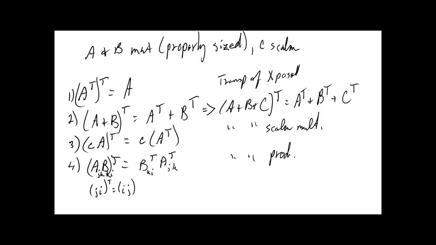If you wanted that A to be a J by K, like you did before, what size would B have to be for you to add it? It has to be the same. It has to be a J by K. So when you add two J by Ks, you get a J by K. And then when you transpose them, you get a K by J, right? Well, then this is a J by K. That's a J by K.